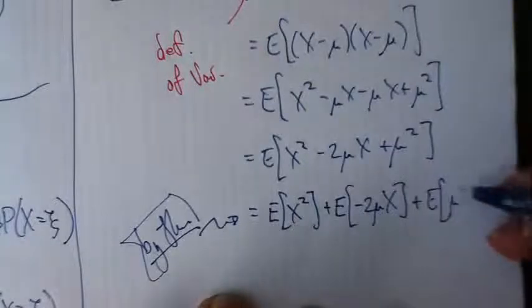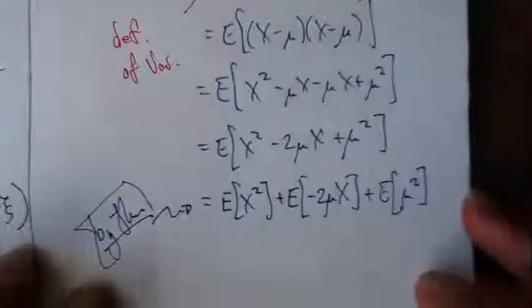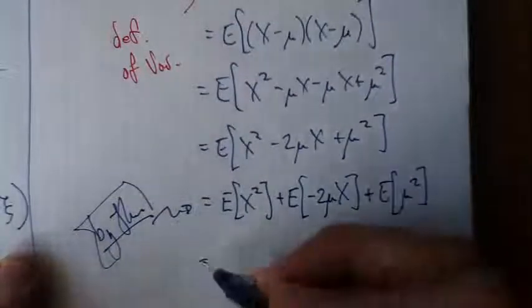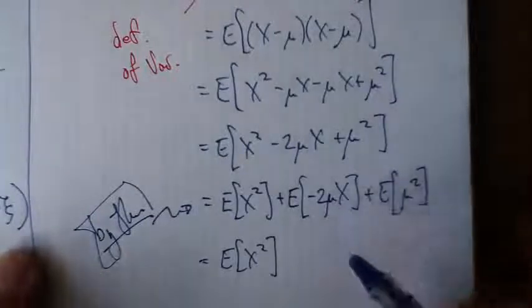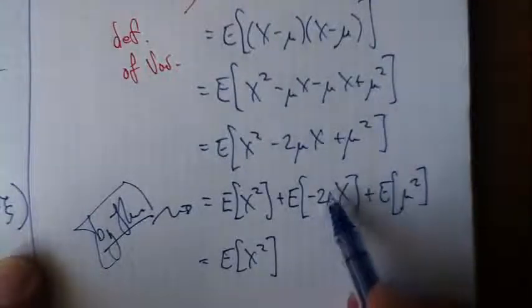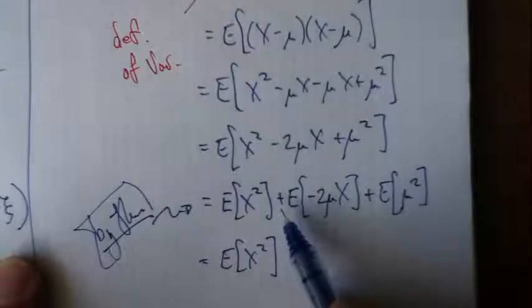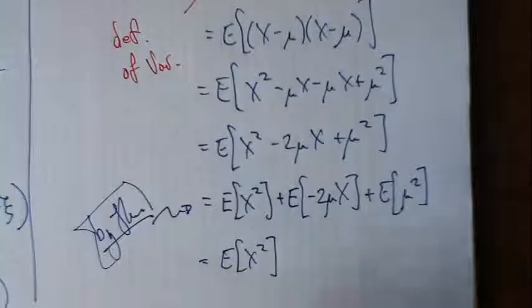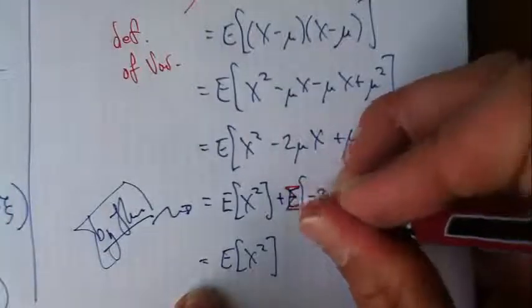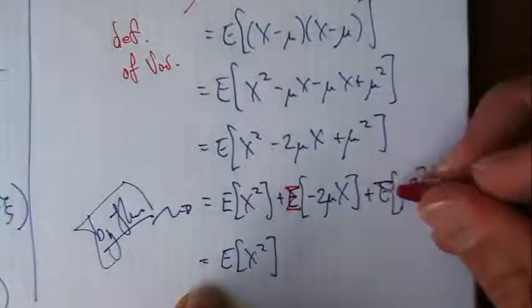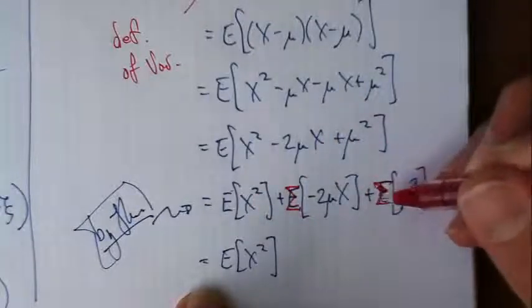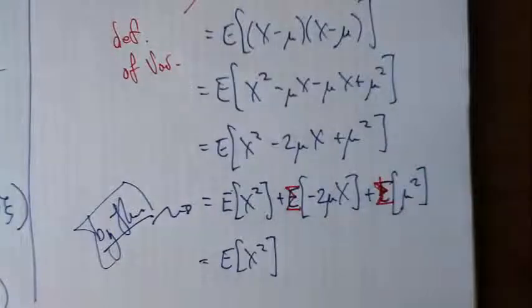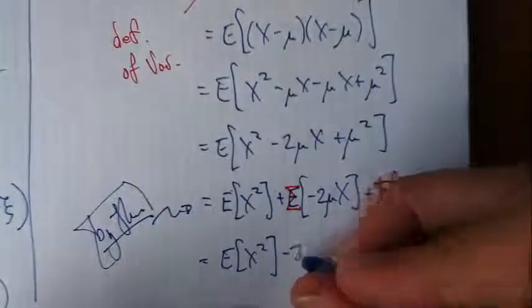Now, we also know that we can pull constants out of the expected values, right? Because remember, the expected value is really a summation. You can think of it like that if you look at the definition. So I can pull out that negative 2 mu.